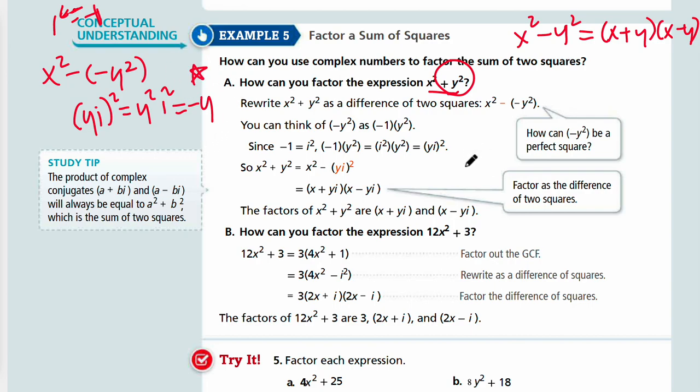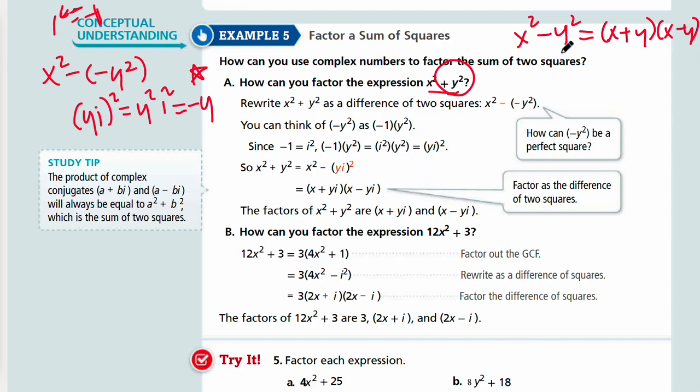So using this information, you can finally factor it using x plus yi and x minus yi, using difference of two squares.